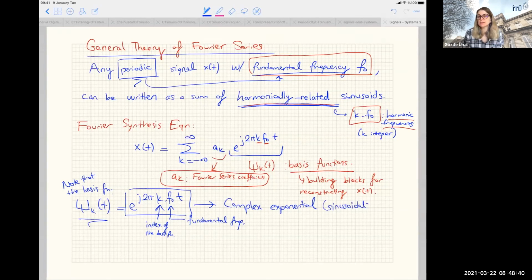Until this point, we were adding sinusoids, first with the same frequency, then with a fundamental frequency and its harmonics, right? Or the spectrum representation, where we show all the existing frequencies in a signal. So the complex exponential or sinusoid gives the basis functions for the Fourier series, okay?